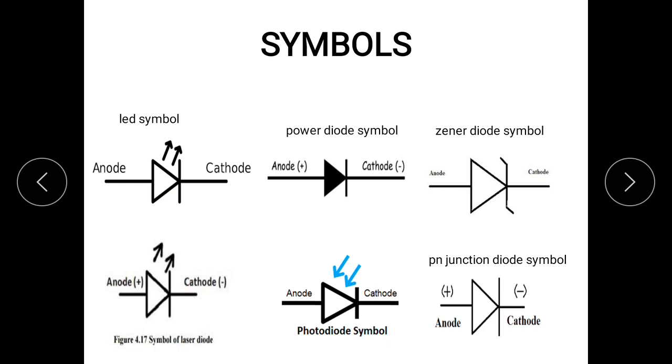Then the photodiode symbol. The symbols of photodiode and LED are opposite to each other because when we observe the symbols, in LED the arrows are in the outward direction, but in photodiode the arrows are in the inward direction, because when light is incident on the photodiode, if the intensity of photons or the intensity of light increases, then photoelectric current also increases.